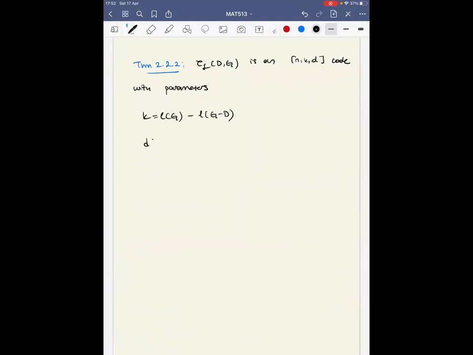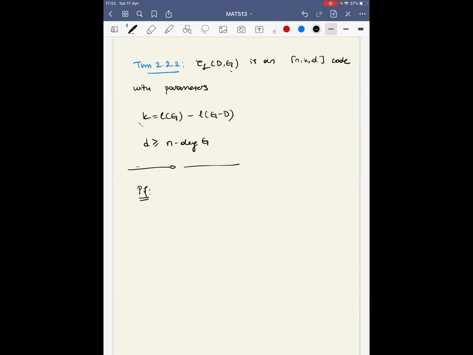And the minimum distance is bounded below by n minus the degree of the given divisor G. And so first, let me show that.